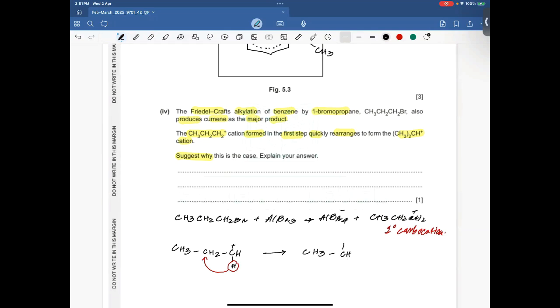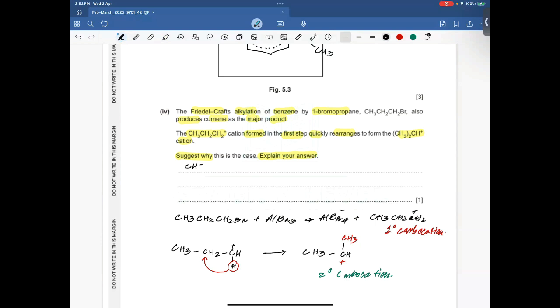This is CH and this is going to be CH3. This is your positive charge. This is 2 degree carbocation. And 2 degree carbocation is more stable than 1 degree carbocation, which is where rearrangement takes place. All right. And he's looking for the explanation. All right.